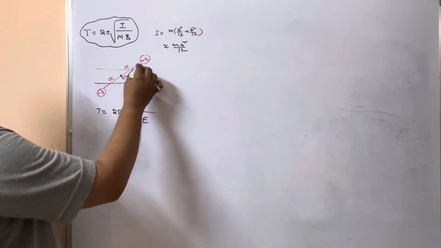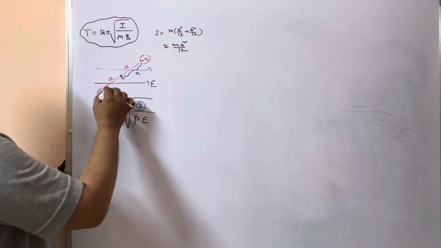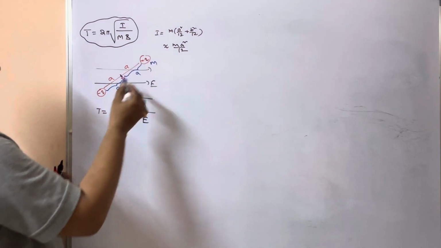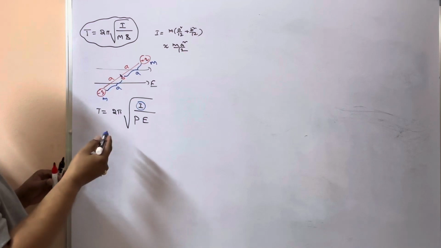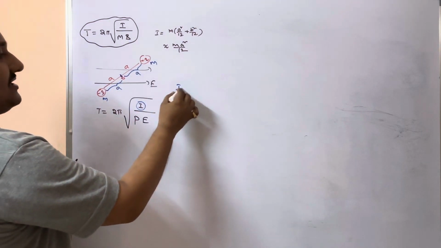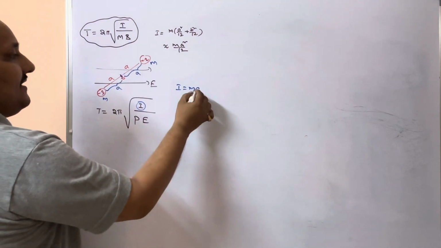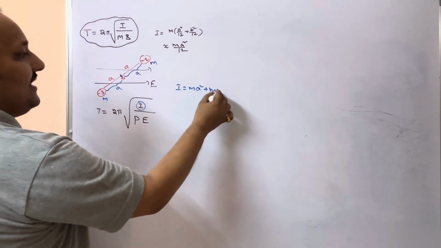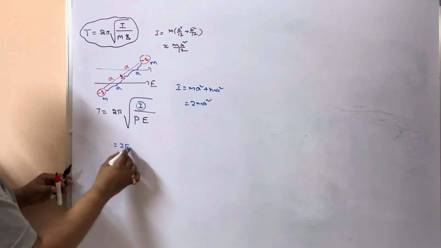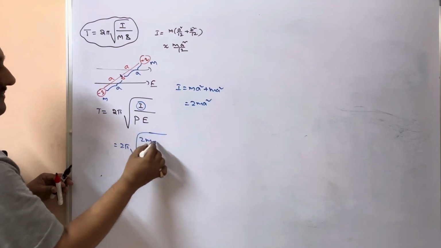From the center, each charge is at a distance a. The mass of the positive particle is small m, and the mass of the negative particle is small m. Mass cannot be negative. Therefore the moment of inertia is m into a square. In rotational dynamics you will get m into a square. Therefore it is 2m a square.